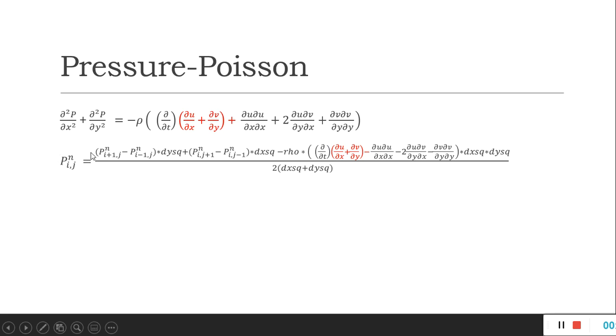The pressure Poisson discretization is not something that's unfamiliar to us. We did this a couple of tutorials before, with the Laplace equation and the pressure Poisson equation with a source term. The B source term is now replaced with rho multiplied by these terms, and because of the minus sign, when you multiply the terms they automatically become negative, so everything is negative in here, and then we take the common denominator.